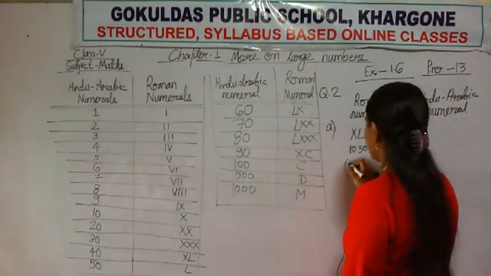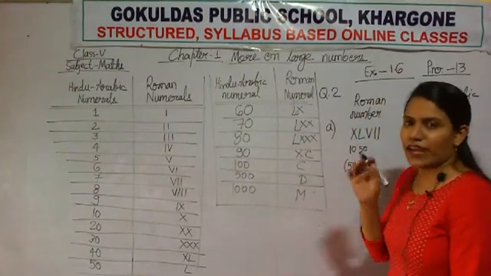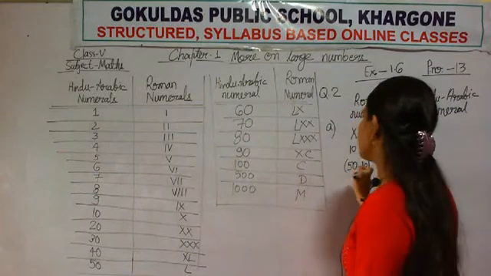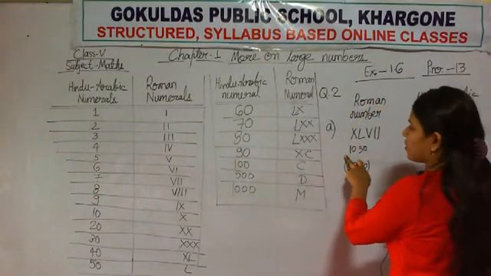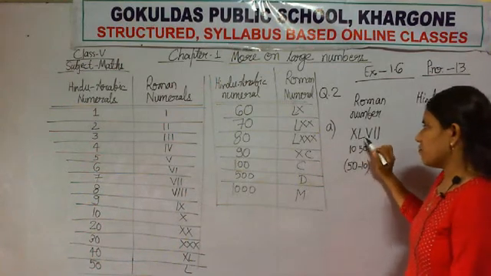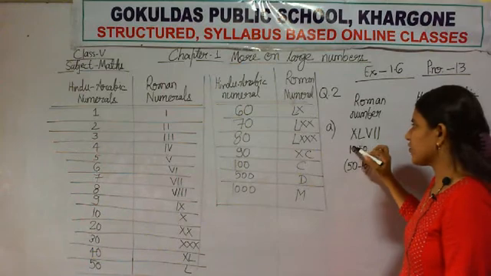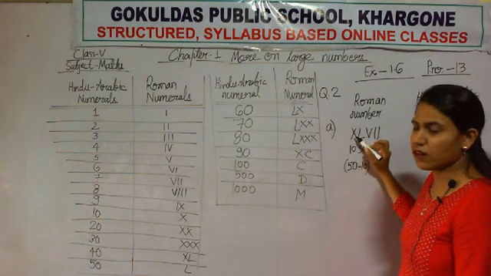It means you will write it as 50 minus 10. When a smaller number is written left to the larger number, it shows subtraction. So here X means 10 and L means 50, and subtraction will happen according to the rule of Roman numerals.